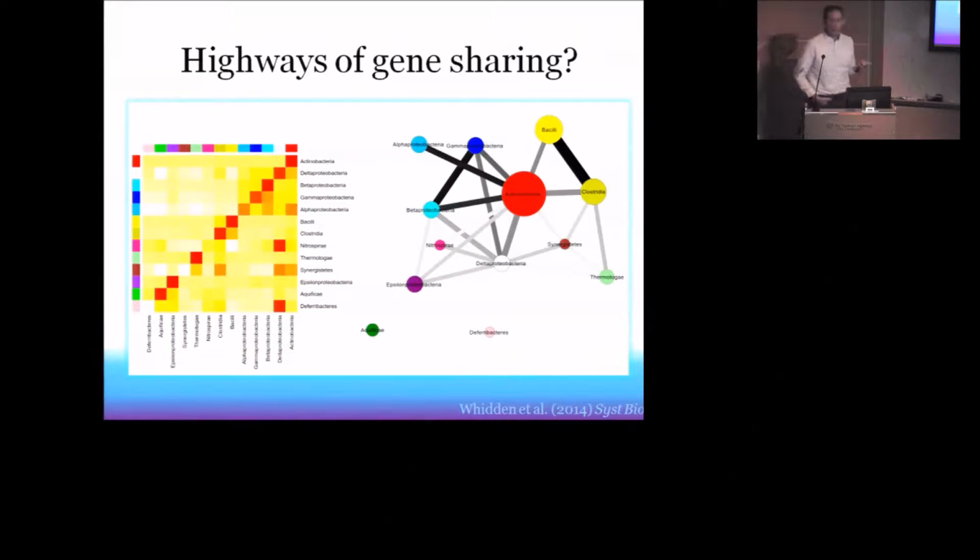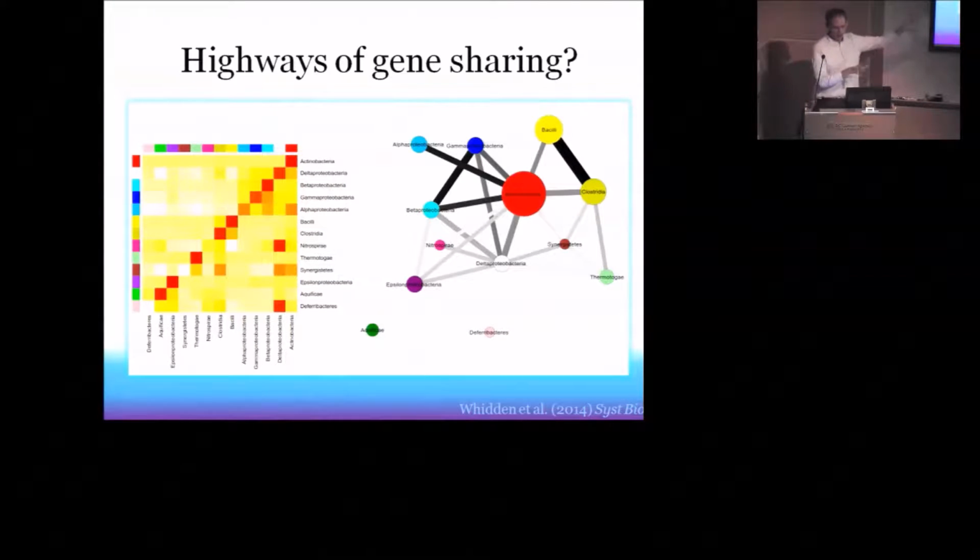The basic idea here is that gene sharing, lateral gene transfer, LGT, is not random between organisms. If you take a set of organisms at whatever taxonomic resolution you want, there are going to be certain sets of organisms that really like to share genes with each other or have historically shared a lot of genes with each other. And this is just one example I'm showing you of different classes of bacteria.